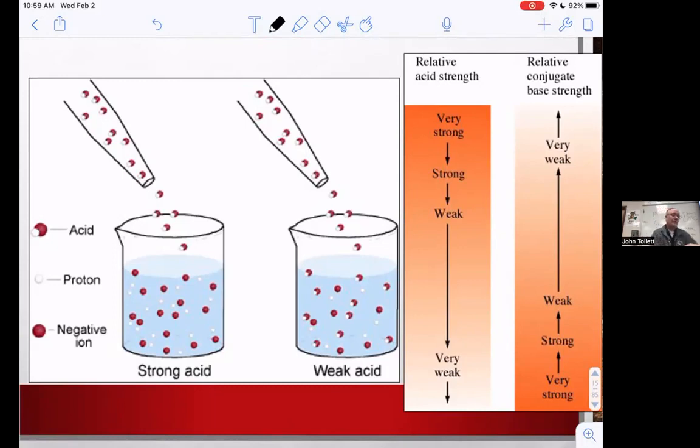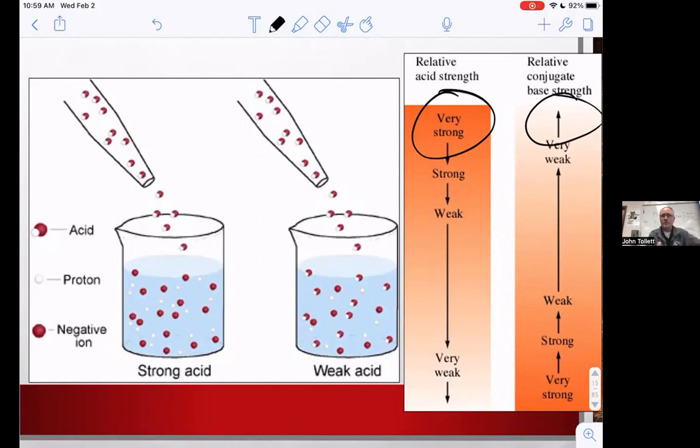If you look at the relative acid strength relative to conjugate base strength, this is interesting. Things that are very strong acids are going to have really weak conjugate bases. Their conjugate bases aren't going to be very strong at all. They don't favor switching to the other side. There's no movement back to the reactant side. There's no shift in equilibrium really.